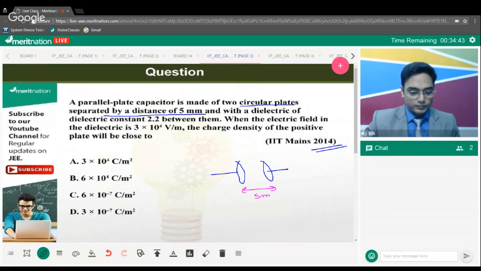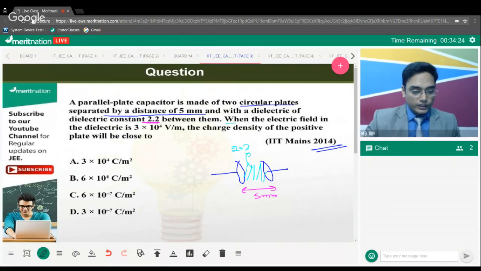With a dielectric constant of 2.2, so some dielectric is inserted here. Let's suppose this is the dielectric, its value is given as 2.2.